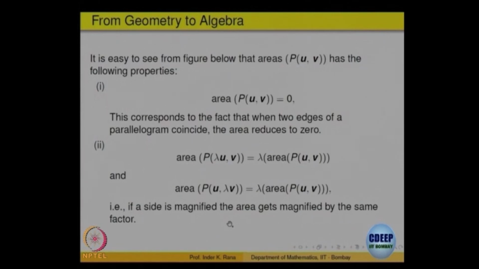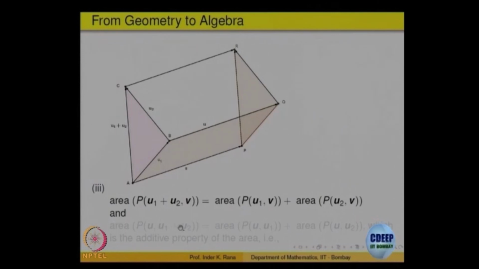There is a third property, namely if I take two vectors u1 and u2 and add them, I get a new vector u1 plus u2, and I can form the parallelogram given by u1 plus u2 and v. Then it is easy to see from the geometry that this area is the same as the area of the parallelogram of u1 and v plus the area of the parallelogram spanned by u2 and v.